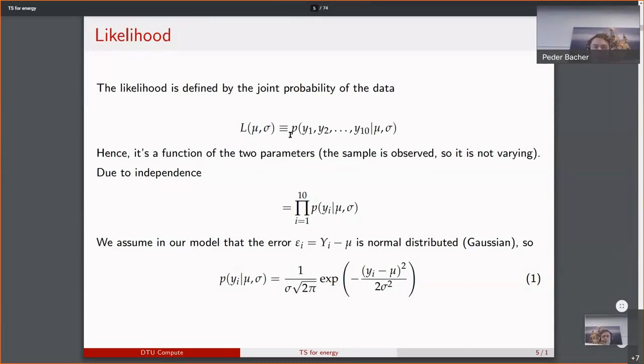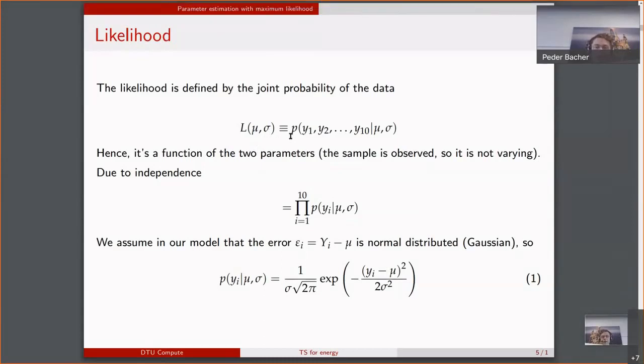If we assume a certain distribution of our population, then we can calculate this expression, which is what we call the likelihood. It means take the probability density function of the values that we actually observed in our sample, given some values of the two parameters, the mean and the standard deviation.